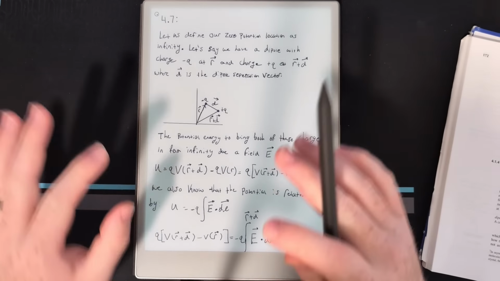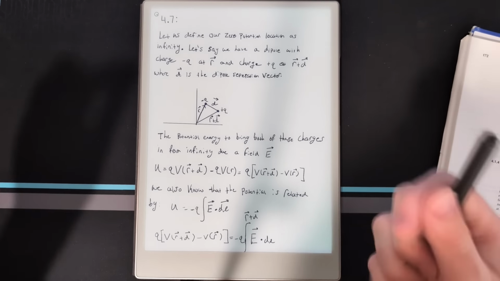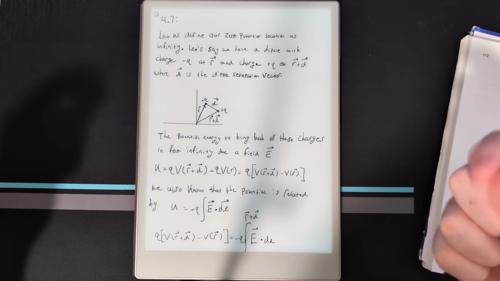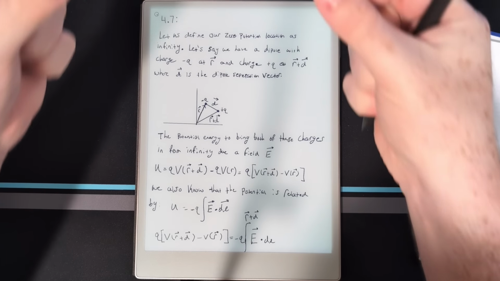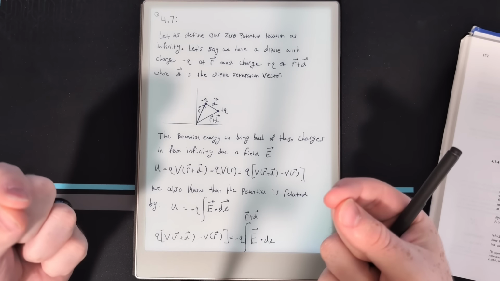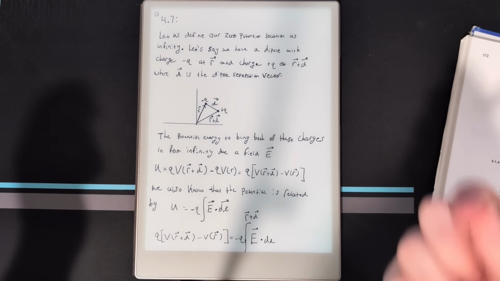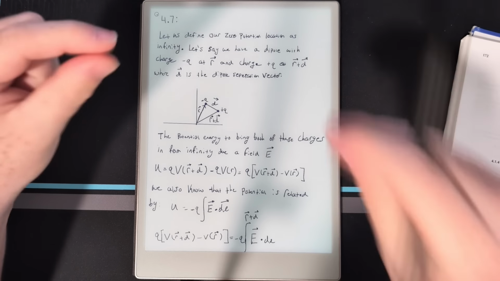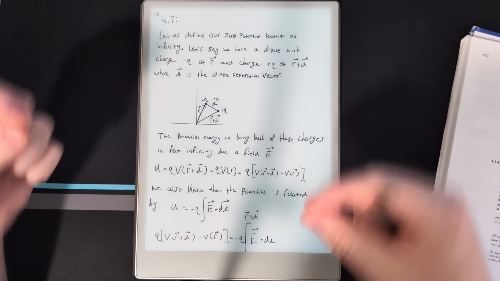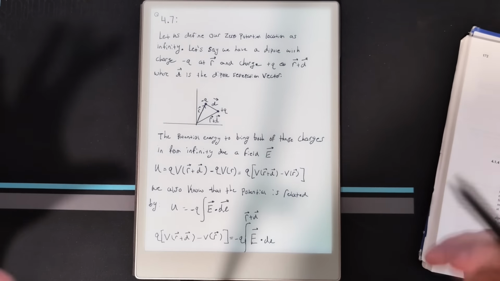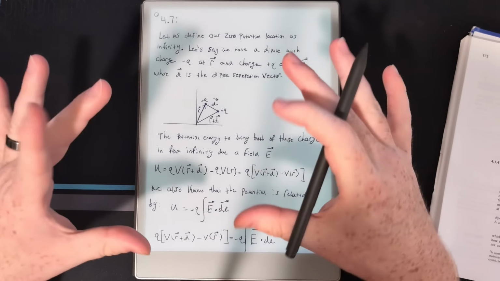So there's some electric field that's present already, and then you can imagine how much work it takes to bring the charges plus and minus q into this field. Or you can just think of the fact that it's not even that we're bringing in these charges, it's that there's an electric field already present.